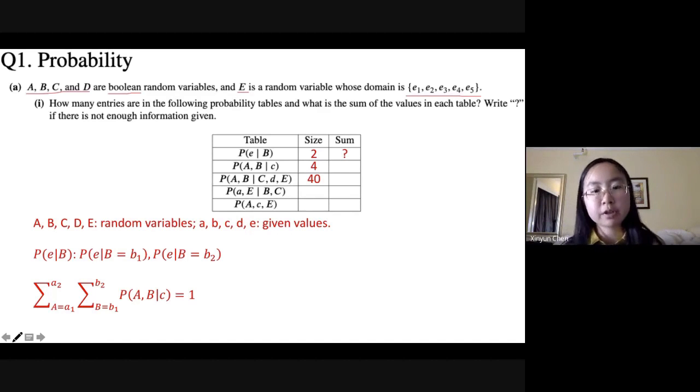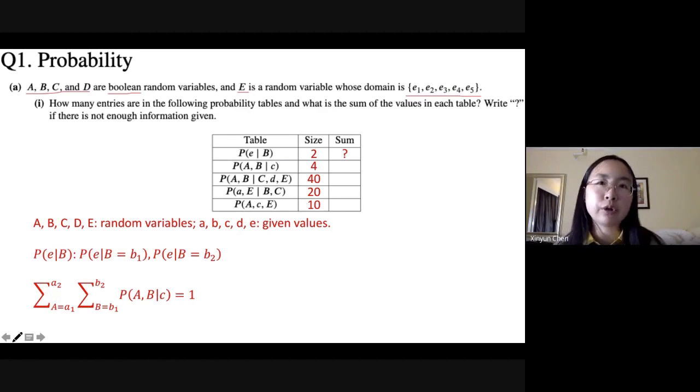Then for the fourth probability table, we need to consider different assignments of B, C, and E. So the answer should be 2 times 2 times 5, which is 20. Finally, for the last probability table, we need to consider different assignments of A and E. So it should be 2 times 5, equal to 10.